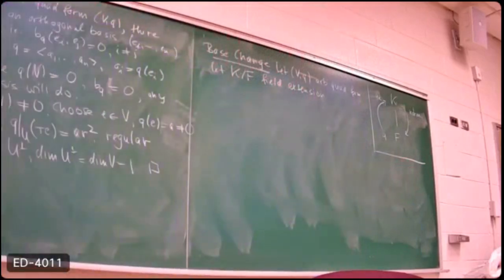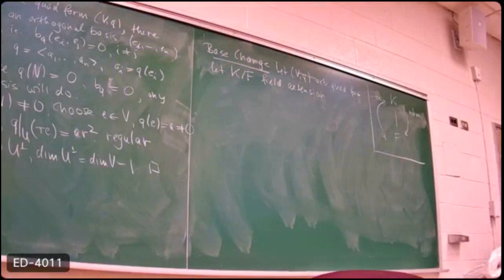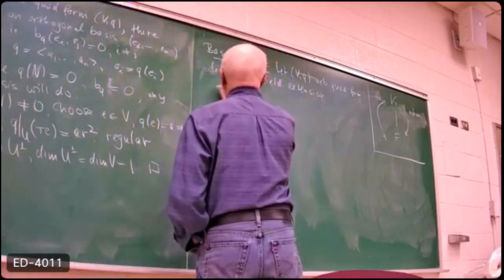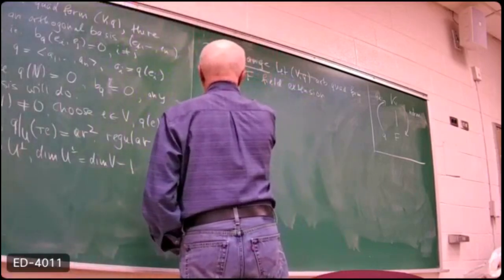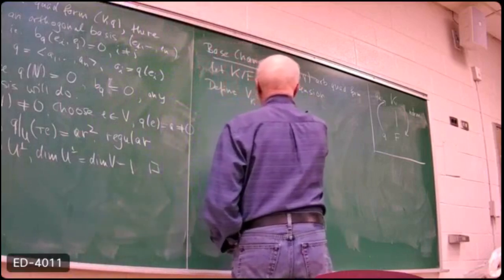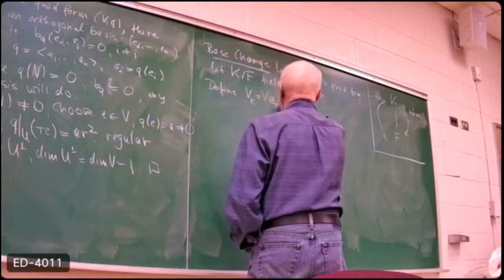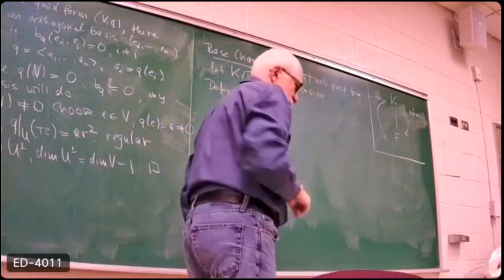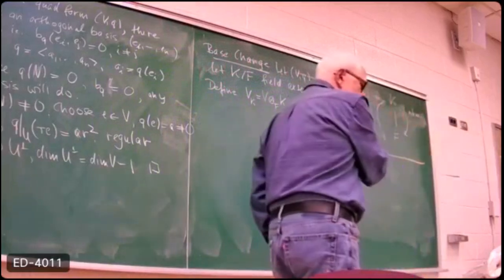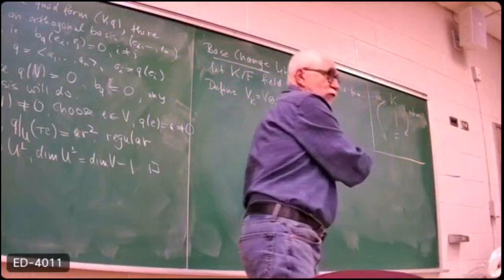Now, to construct a quadratic form, we need first of all a vector space over K. Then we define a map. Well, the vector space over K will be what is called a tensor product. Define V_K to be the tensor product over F of V and K. I'll tell you a little bit about this later on.